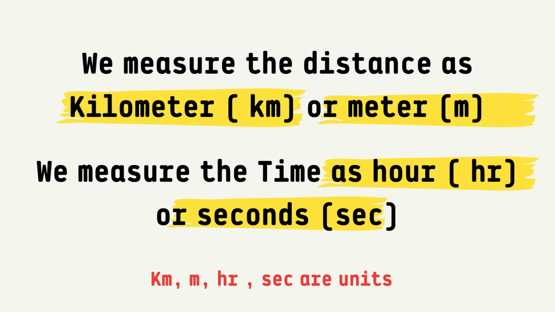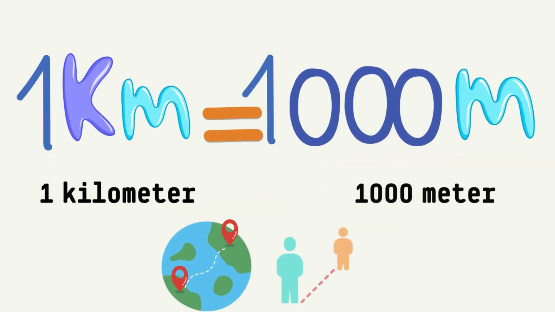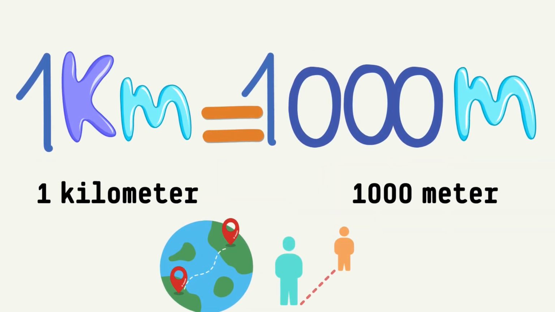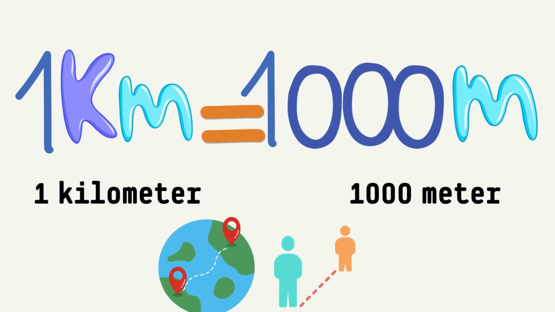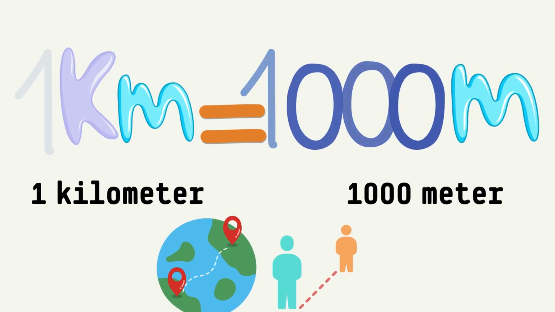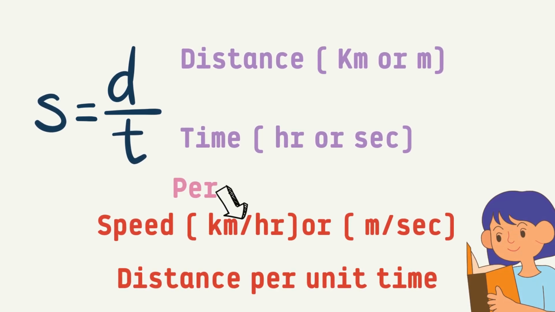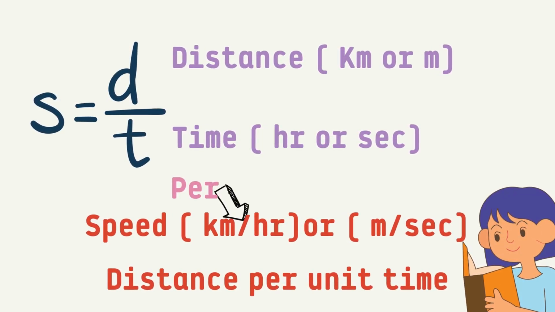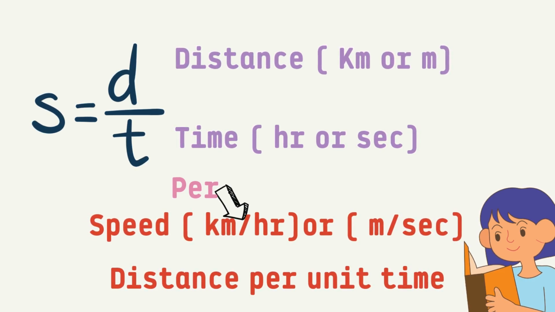So seconds, hour, kilometer, and centimeter, all of them are units. So the speed is a relationship between distance and time. So the speed has two units: the unit of distance, which is kilometer or meter, and the unit of time, which is hour or second.